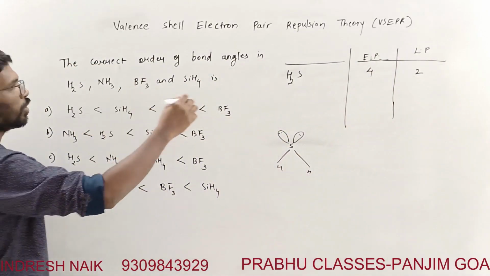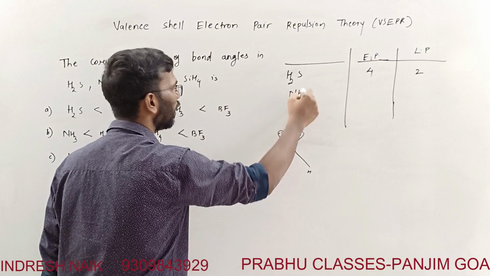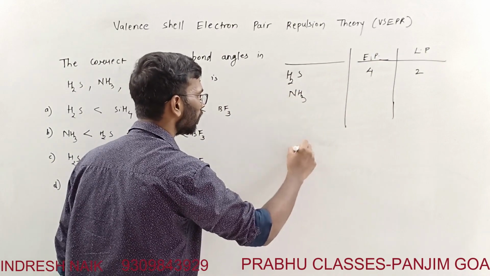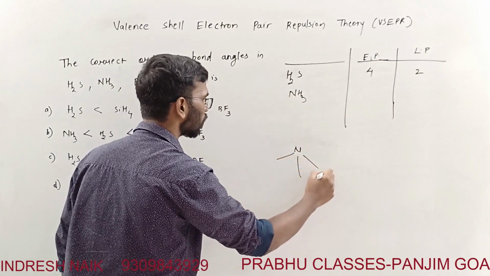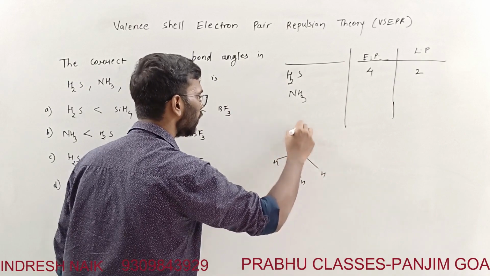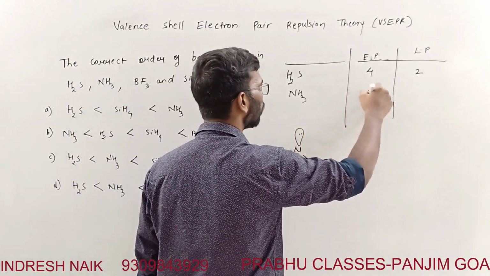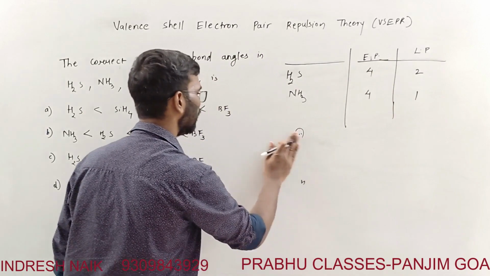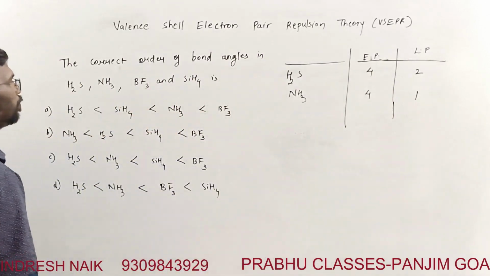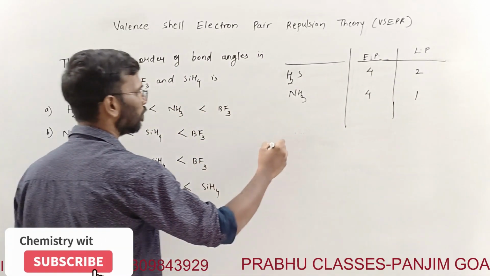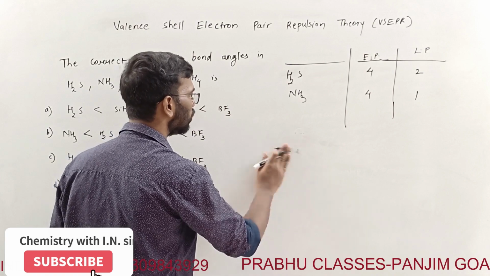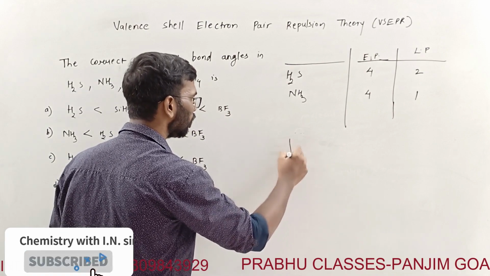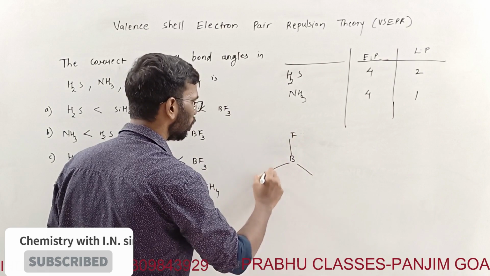Then in the case of NH3, the structure is this way. Hydrogen, and 1 lone pair. So electron pairs are 4, the lone pair is 1. Okay. Then BF3 structure is this way. Boron, fluorine, and fluorine.